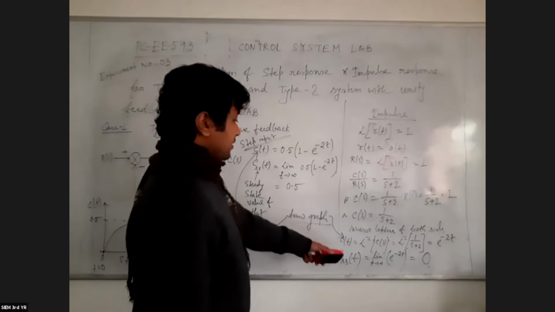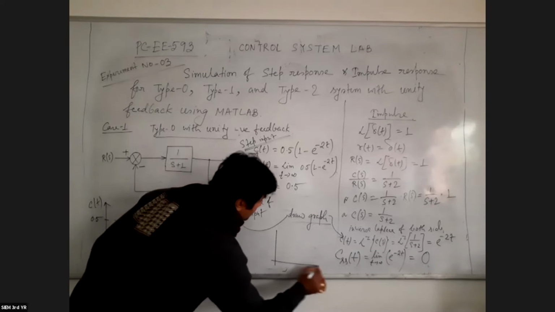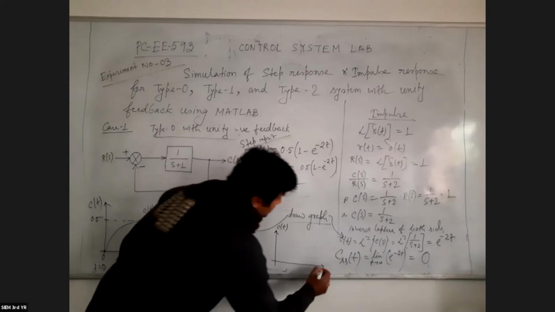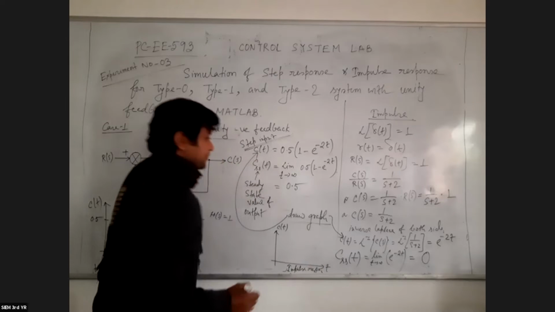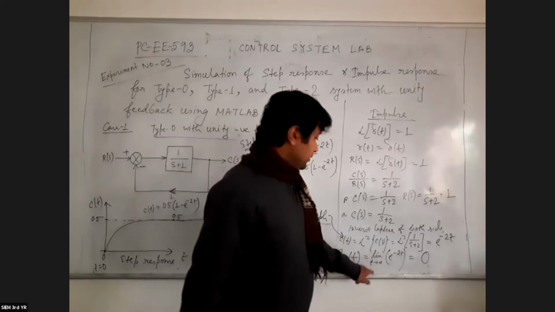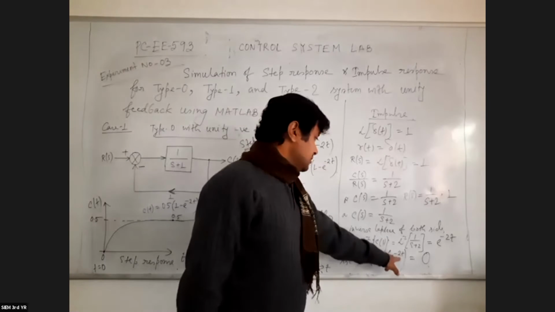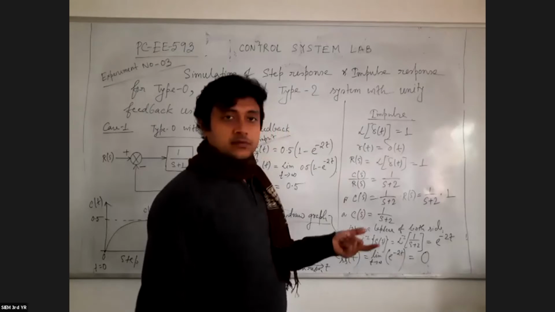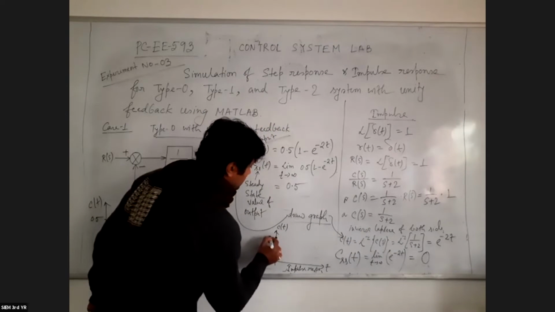And if I go for the impulse response, I am writing c(t) here in the time domain, the impulse response. Now you see, if you put the initial value t equals 0 in this equation, 1 by e to the power 0 becomes 1. So the first value will become 1.